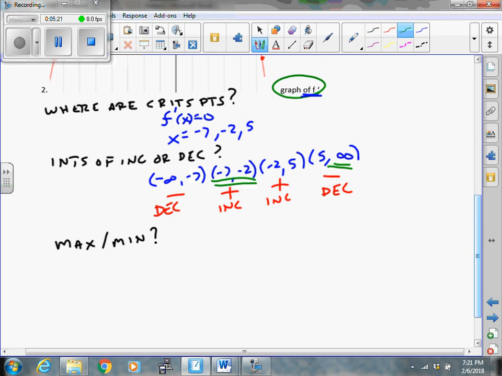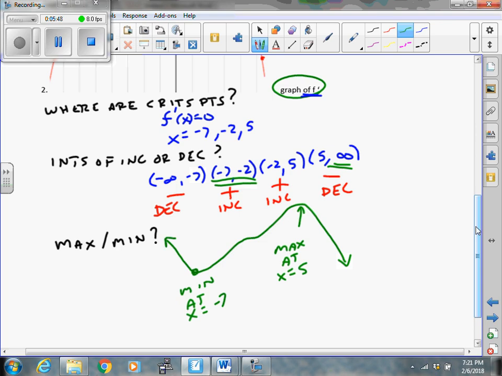The function has to go down to negative 7, come up to negative 2, level off, go up to 5, and then back down after 5, leaving me with a min at x equals negative 7, and a max at x equals 5. These guys do not indicate there are any bounds. So this one down here and this one to the left can't be considered extremes.